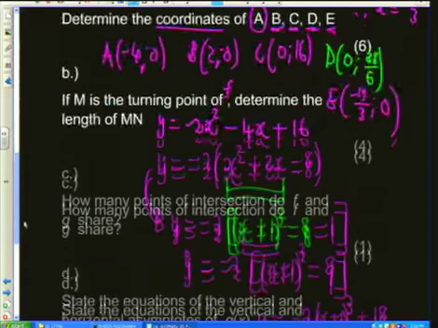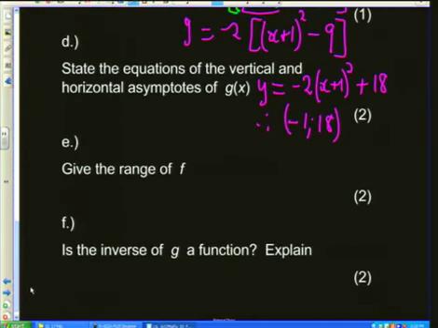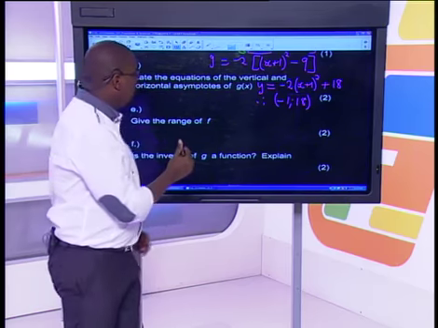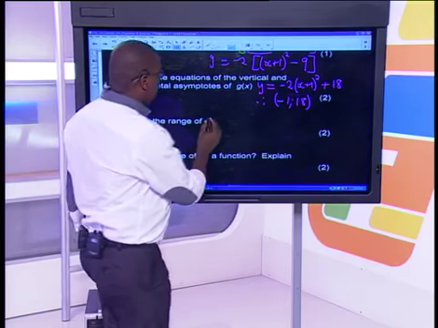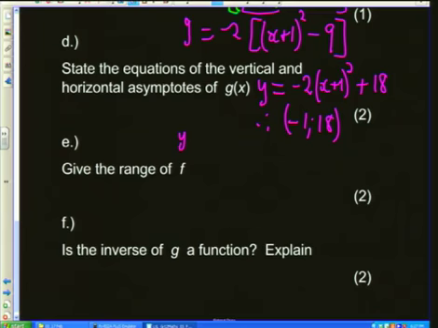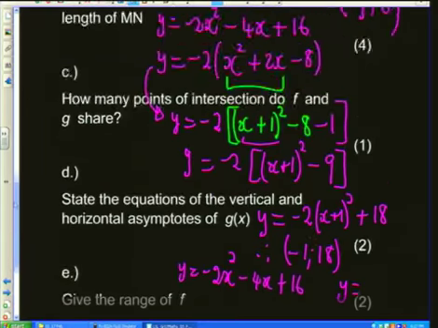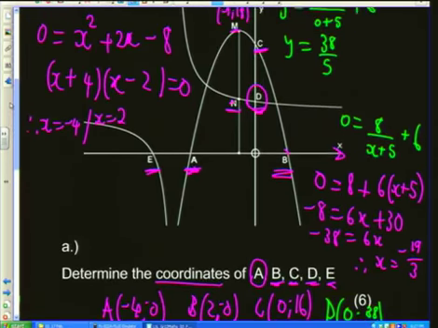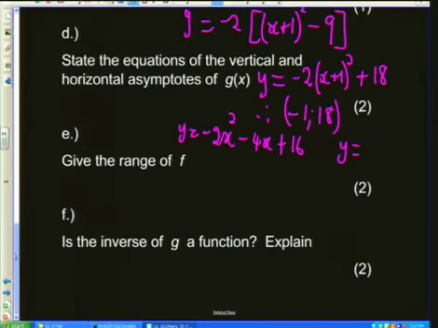Now, we want to work out the distance between two graphs, which is your parabola and also your hyperbola. We've got the equation of the parabola, which is y equals minus 2x squared minus 4x plus 16. And the hyperbola is y equals 8 divided by (x plus 5) plus 6.